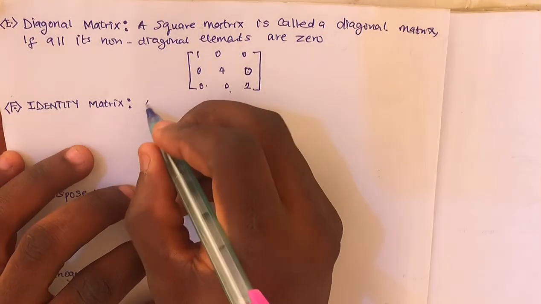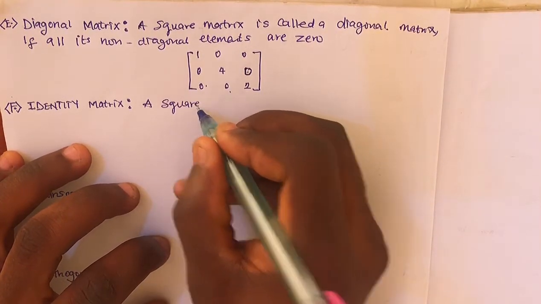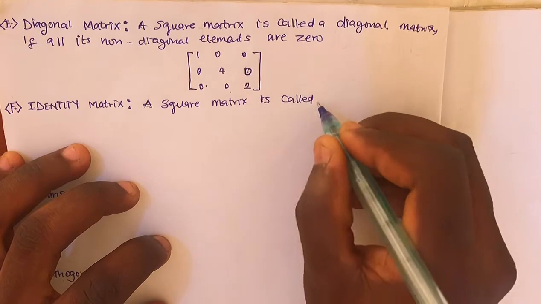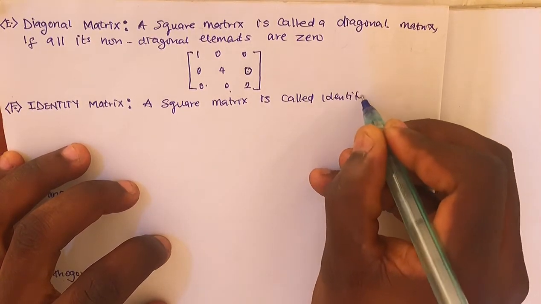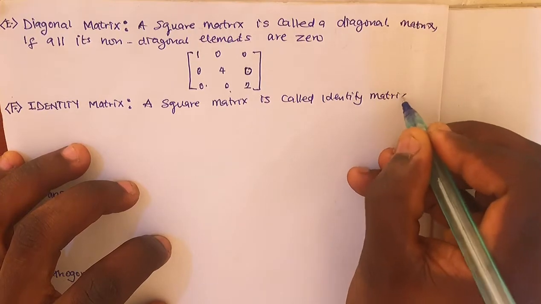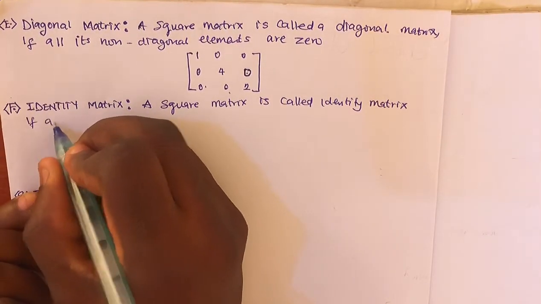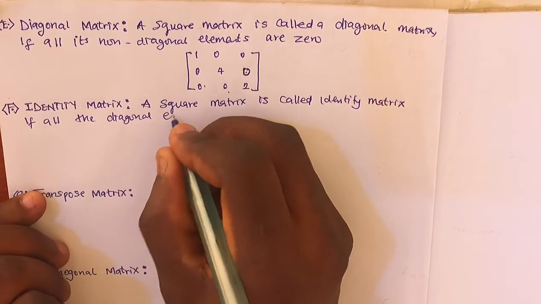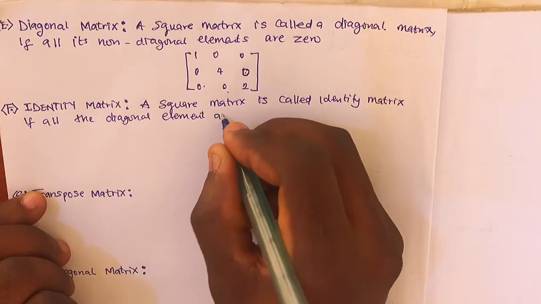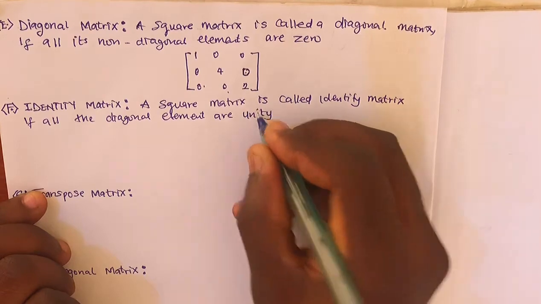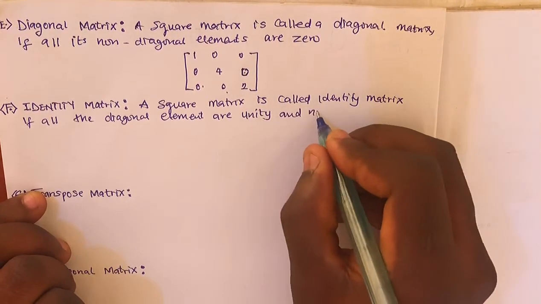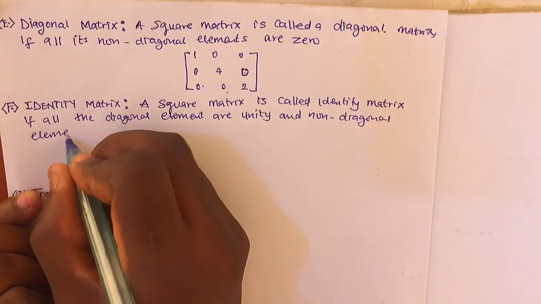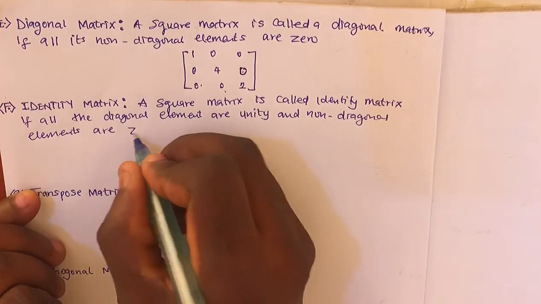Now under identity, we just say a square matrix is called an identity matrix if all the diagonal elements are unity and non-diagonal elements are 0.